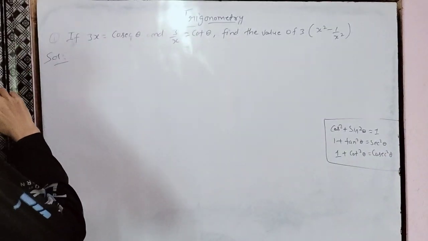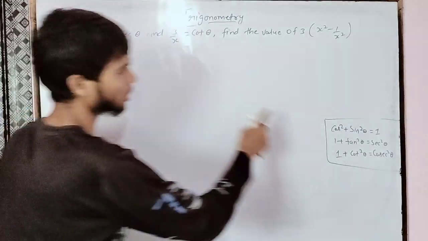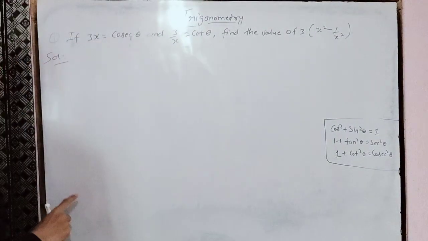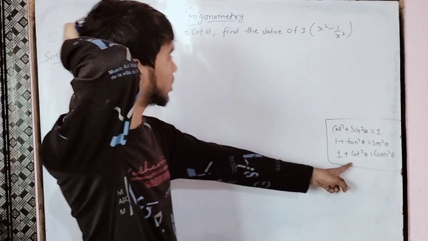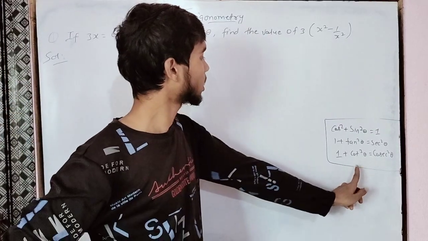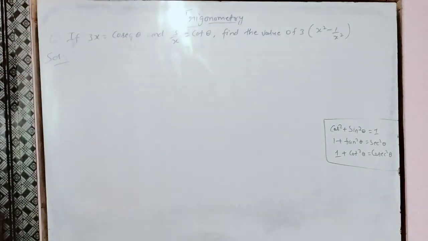So as we know, this is a question based on this, then we can apply cosec. So here this can be applied. How?